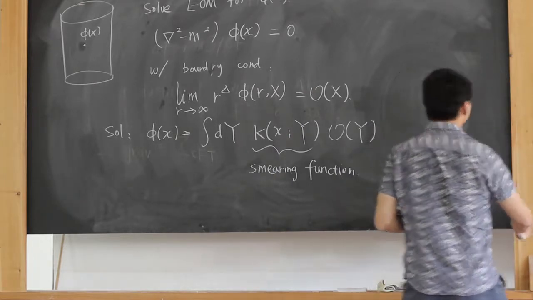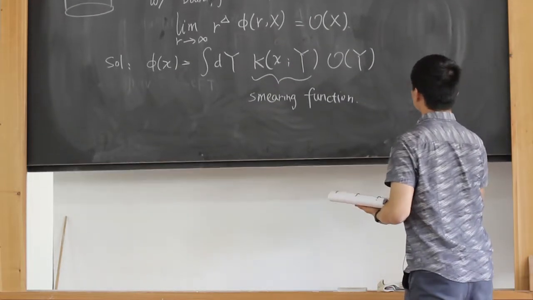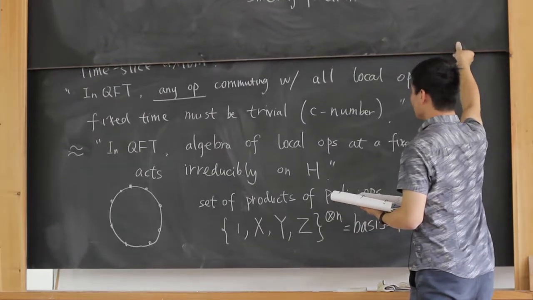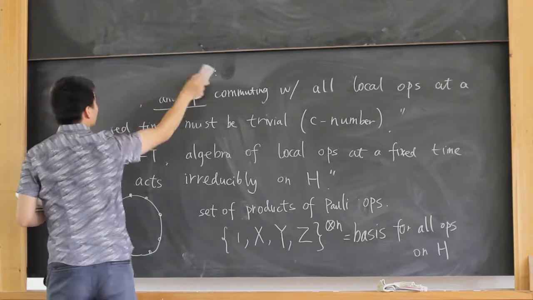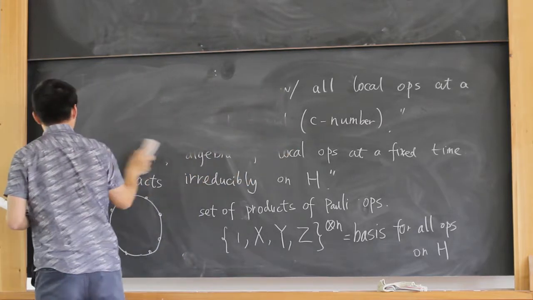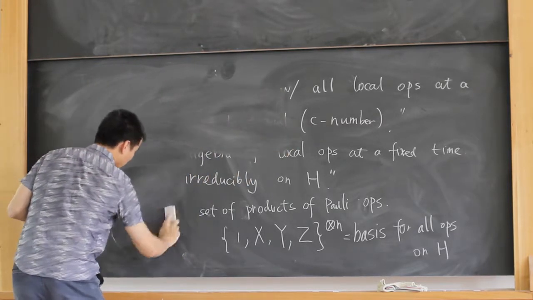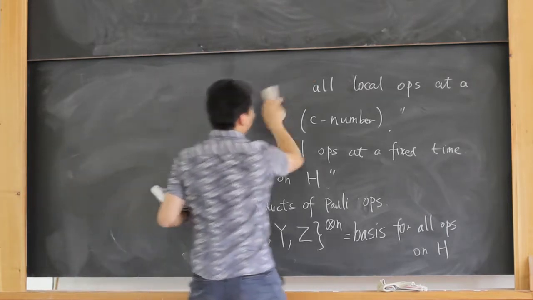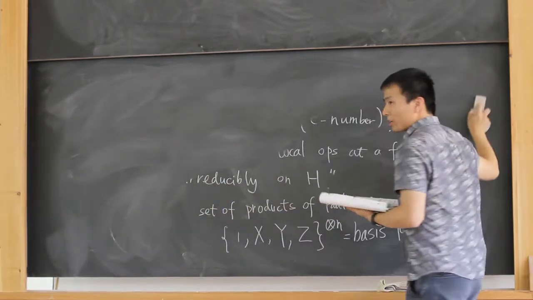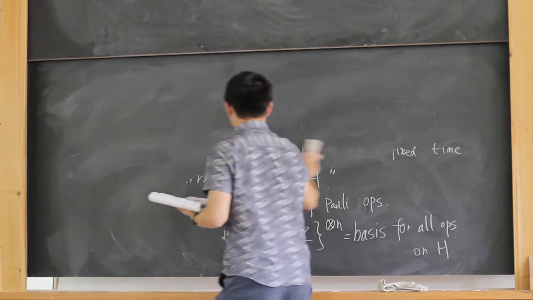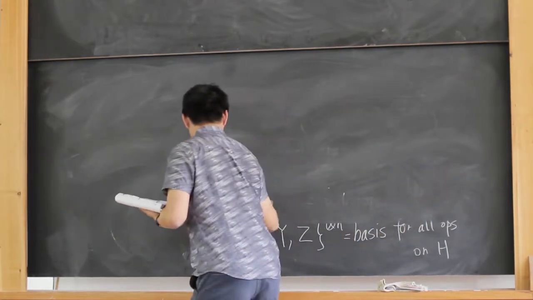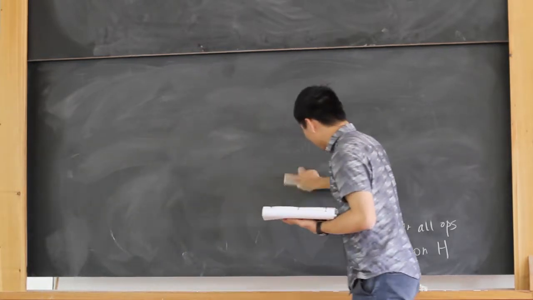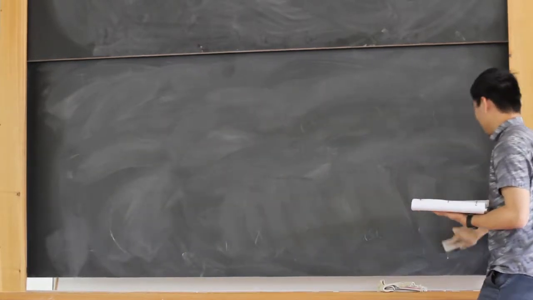So several comments. The first comment is that this is not a standard boundary value problem. In the standard boundary value problem, we set some initial condition, and then we evolve in time. Here, we are setting a boundary condition at radial infinity, and then we evolve radially.